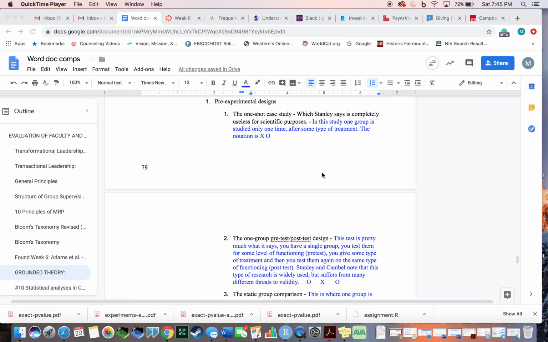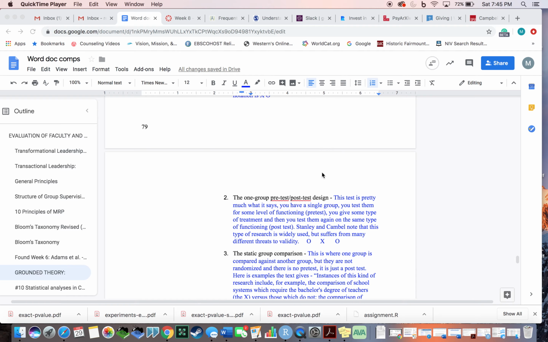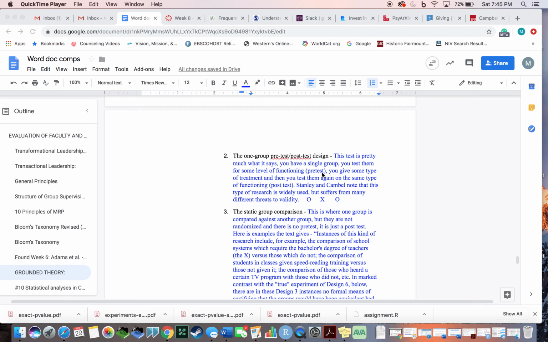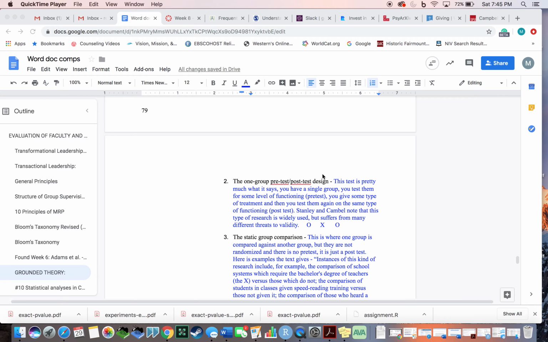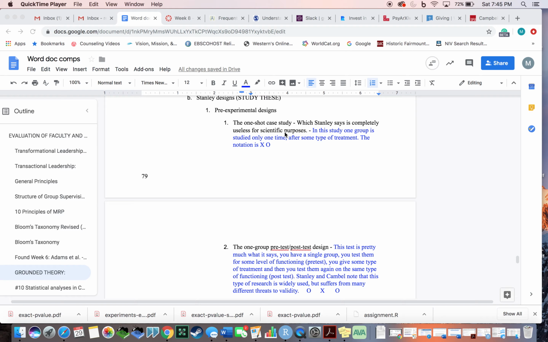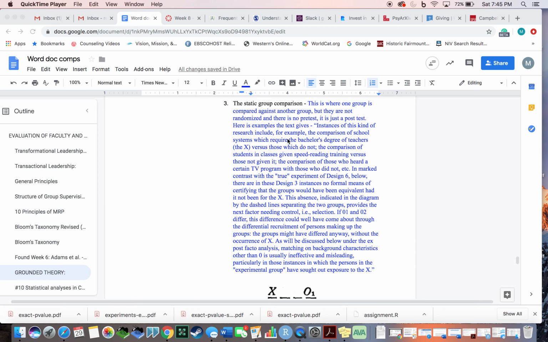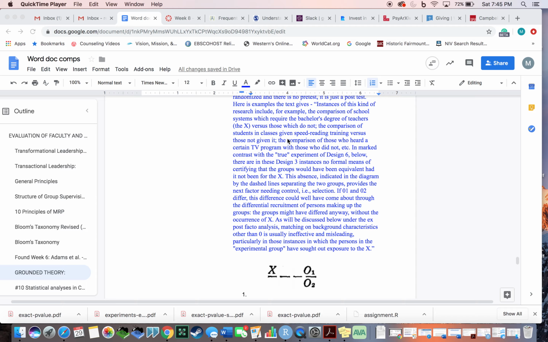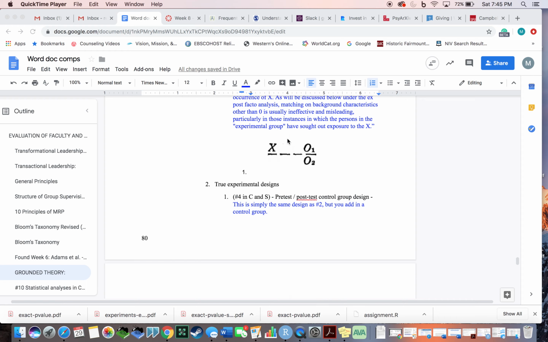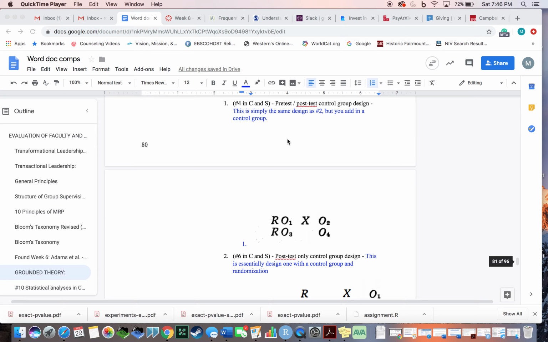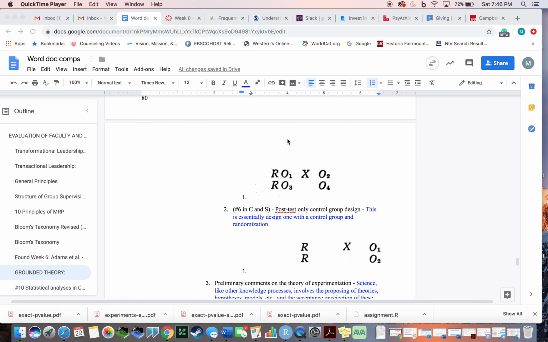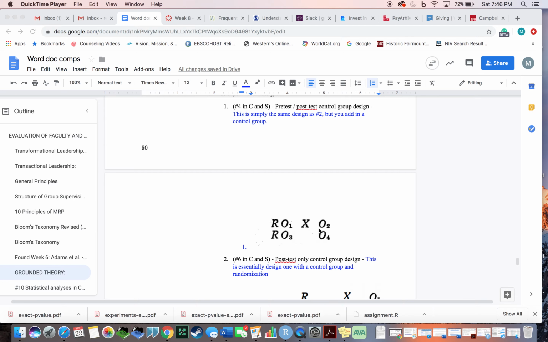So any design that has randomization is not going to work, if that makes sense. Okay, because they just can't be randomized. So we're either looking at a pre-experimental design, because those don't have any randomization, or we're looking at a quasi-experimental design. We instantly throw out the true experimental designs because they have randomization, okay?